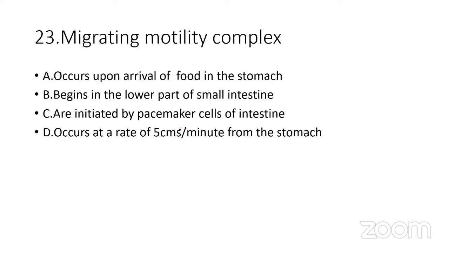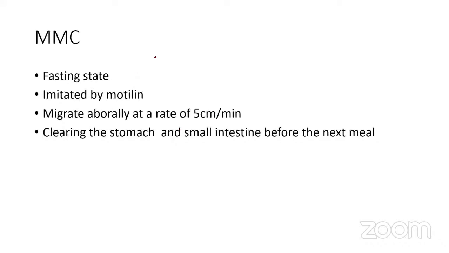About the migratory motor complex, it is seen in the fasting state. This motility starts in the stomach and also in the intestine, to clean the intestine and remove the extra food from the stomach and intestine before the next meal.